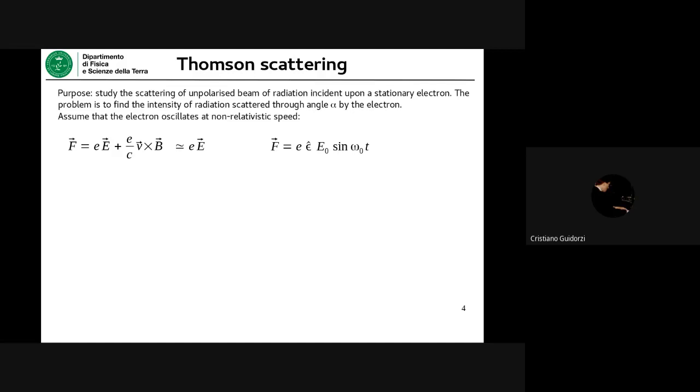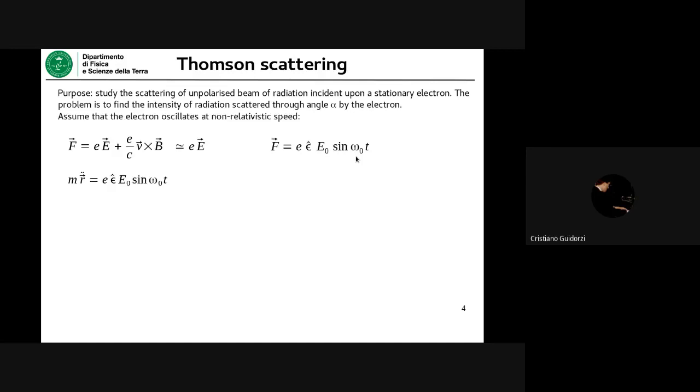Let's express in more detail what the electric field is. This is a plane wave, so it has an amplitude which we call E0 times the sine of the corresponding pulsation of the wave, the frequency of the wave, which we call omega zero. Now let's apply Newton's second law.